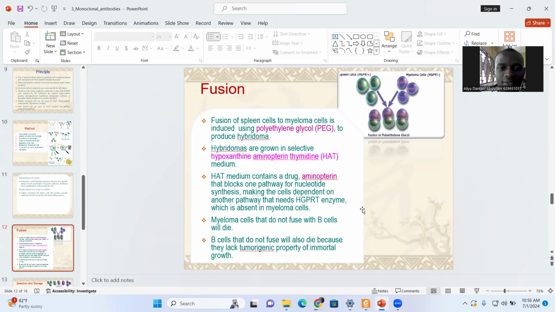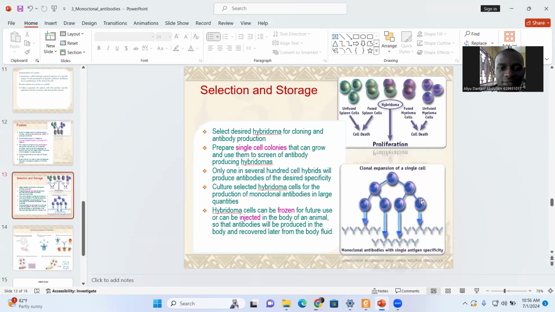Basically, that's the principle behind the formation of hybridoma. After the formation of hybridoma, we prepare single colonies, subculture, things like that. If you have any lab experience, you know what I'm talking about. So culture selected hybridoma cells for the production of monoclonal antibody. After production of the hybridoma and screening, we make sure hybridoma produces the monoclonal antibody.